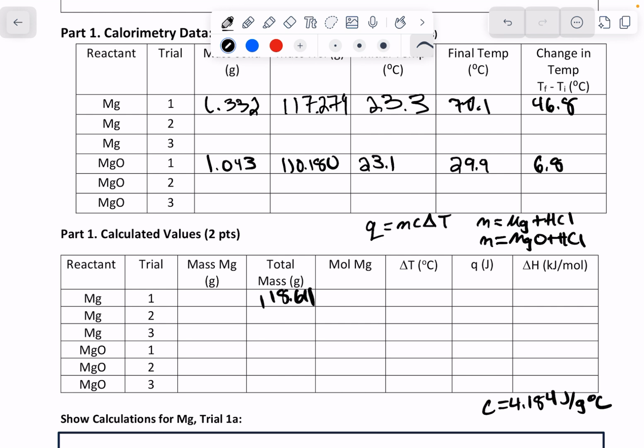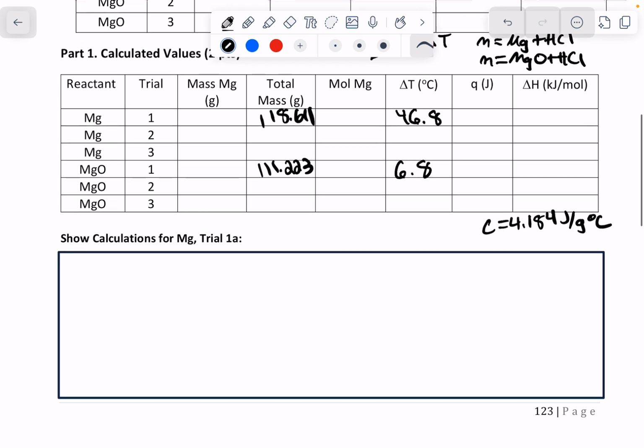And then for the second one it is 1.043 plus 110.180, and I got 111.223. And so the change in temperature is going to be 46.8, and then this is going to be 6.8. So we're going to come down here, and I'm going to do this calculation.